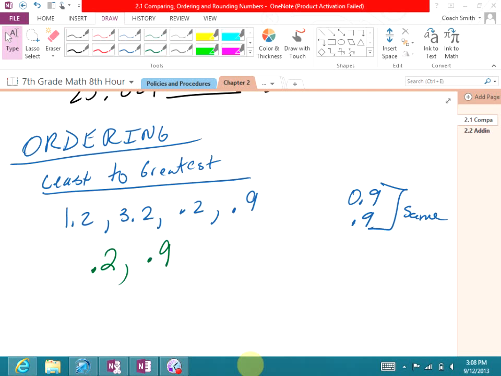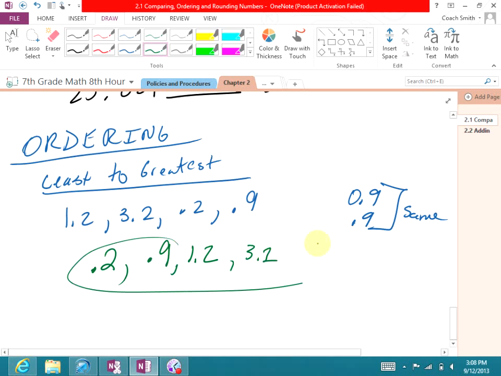If you think of it in money terms, 1.2 is like $1.20. 0.9 would be like 90 cents. So which would you rather have, $1.20 or 90 cents? All right, so 1.2 would be next, and then 3.2. Okay, so that's least to greatest. The smallest number to the largest number.